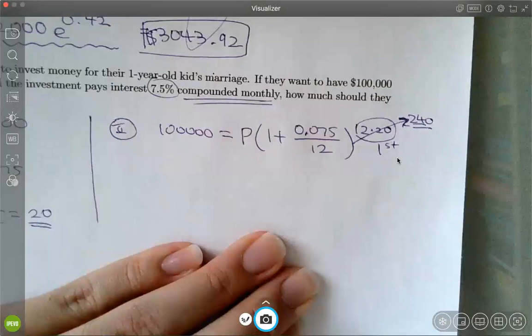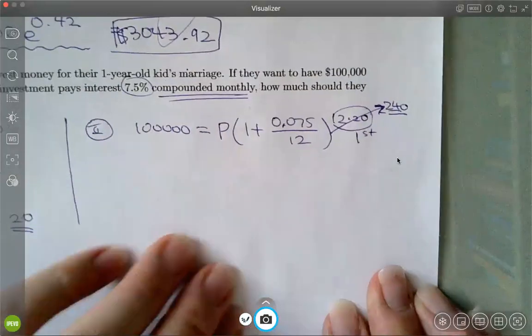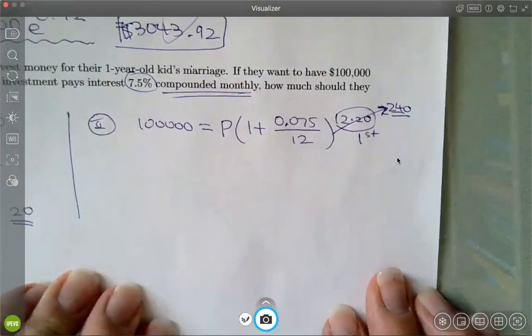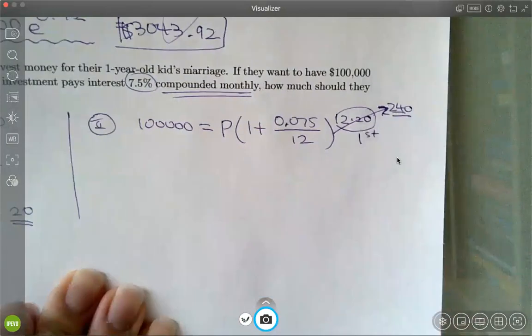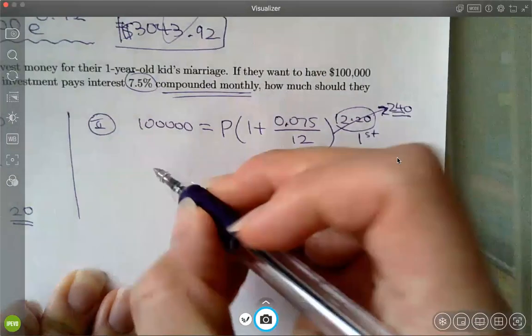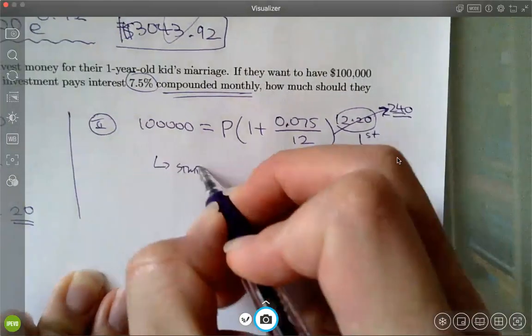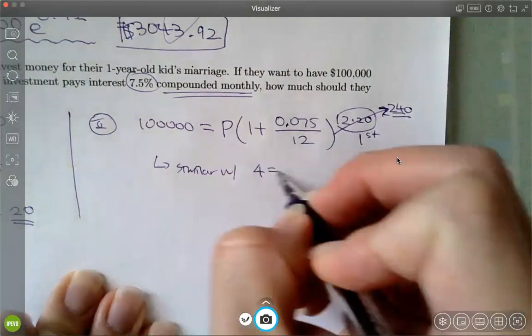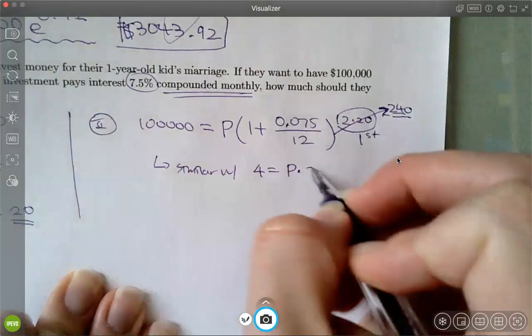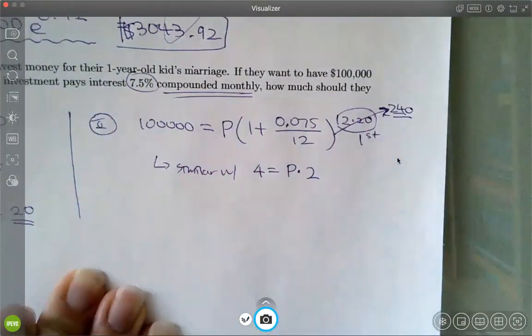Okay, so now, if you look at this equation closely, it looks terribly hard, but do you notice that this is similar to something like this? Do you notice the similarity? That's a number, right?